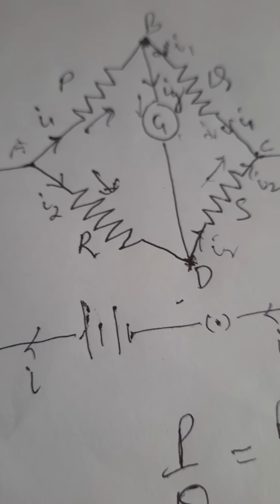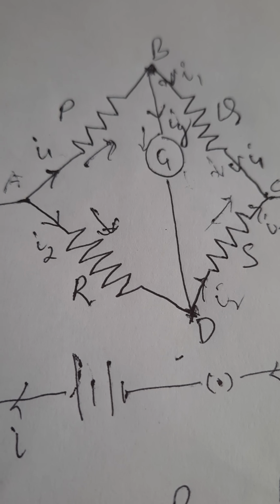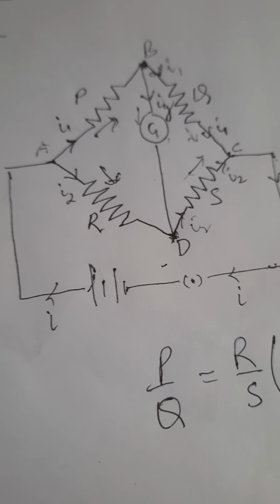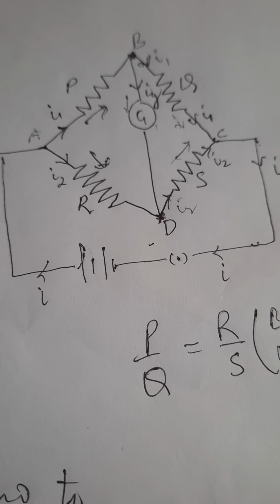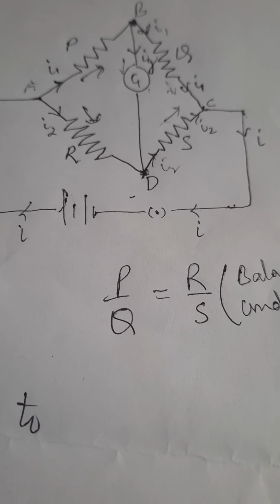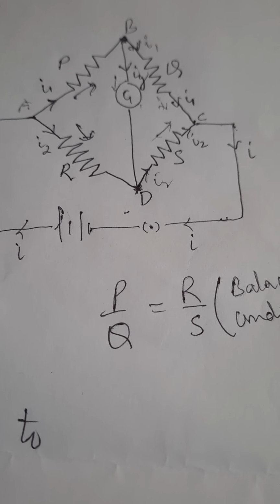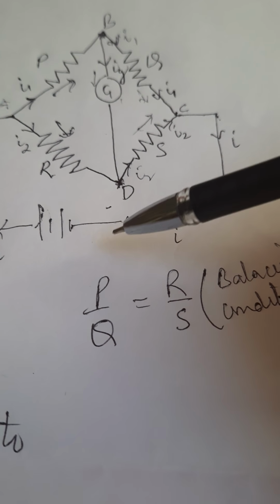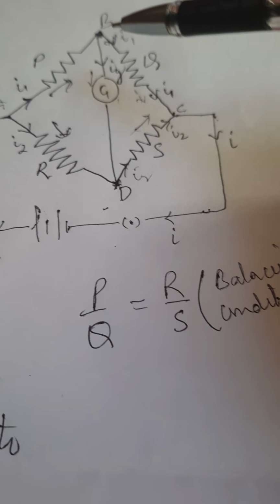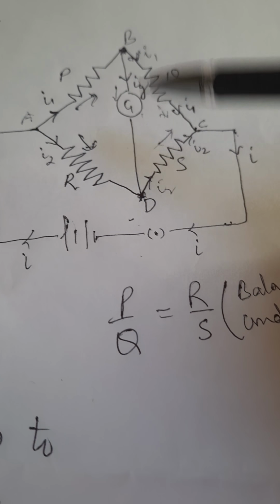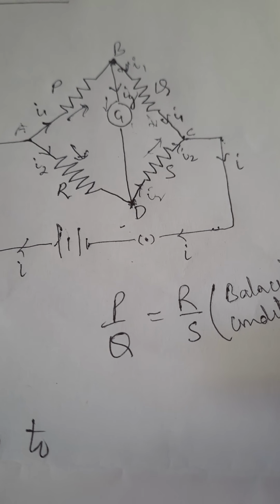So, this figure shows a Wheatstone bridge, and when no current flows through the galvanometer, that means between the point B to D through the galvanometer, if no current flows, then that condition is known as balancing condition.